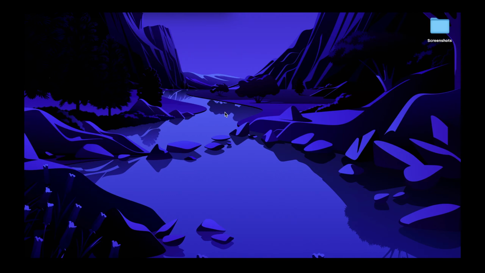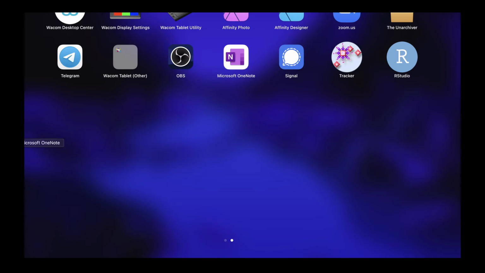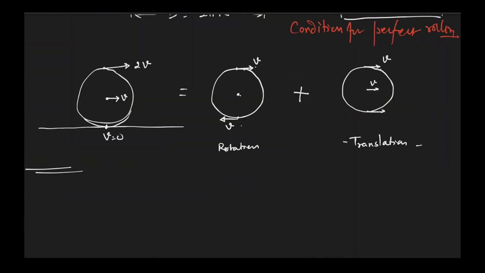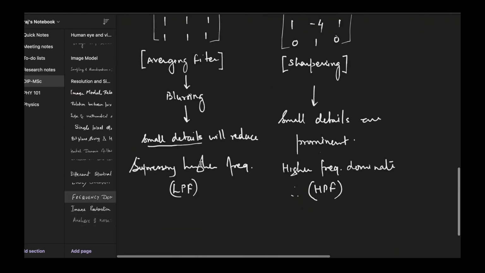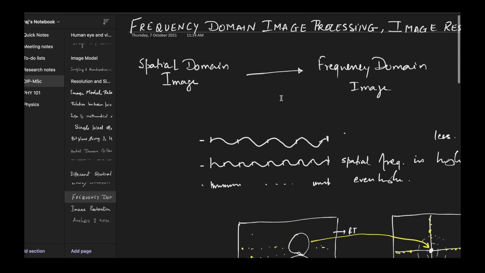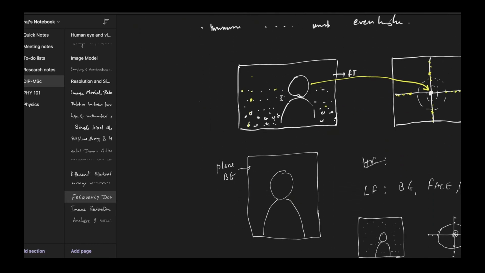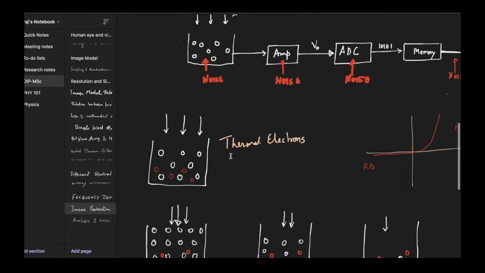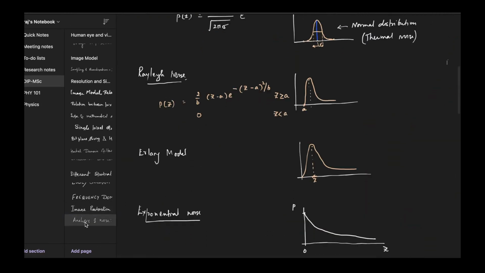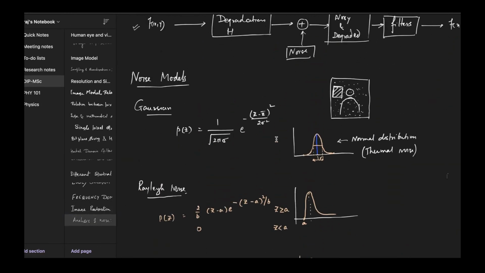So let's have it. Any which way, what we had planned for this lecture was some sort of demonstration, because I've been teaching many topics so far and we have not demonstrated quite a few of them. In the last few classes we spoke about frequency domain analysis and the concept of high frequency, low frequency, etc. We were talking about the noise in the image, and then different types of noise analysis.